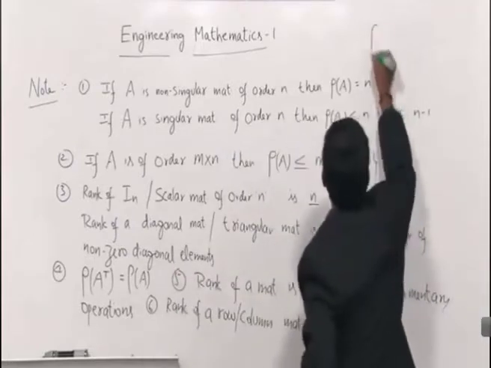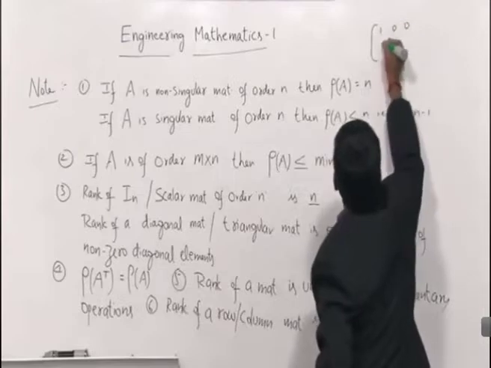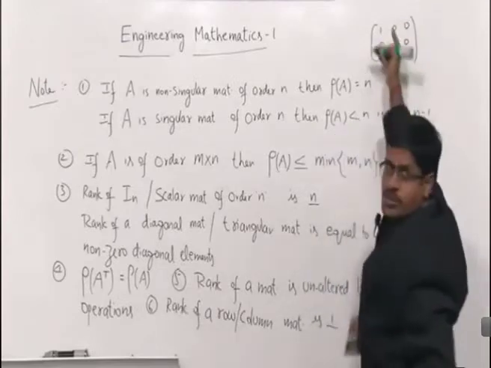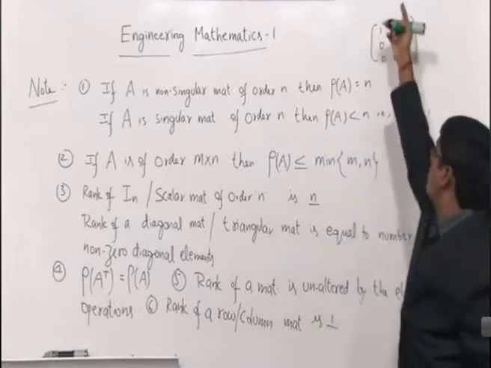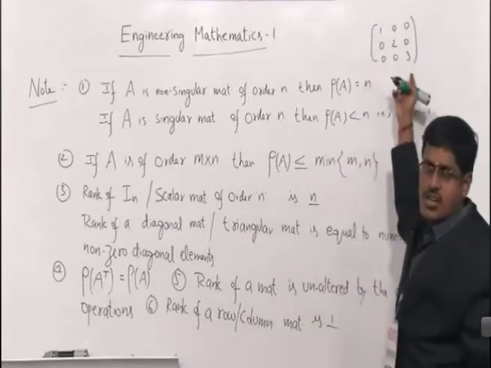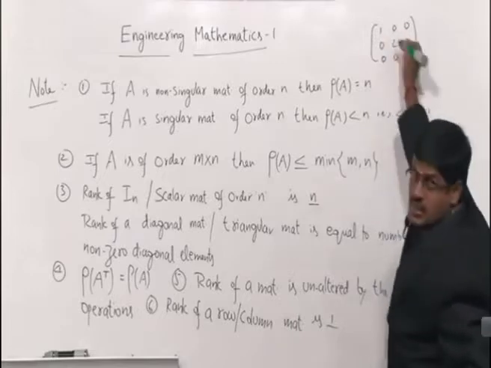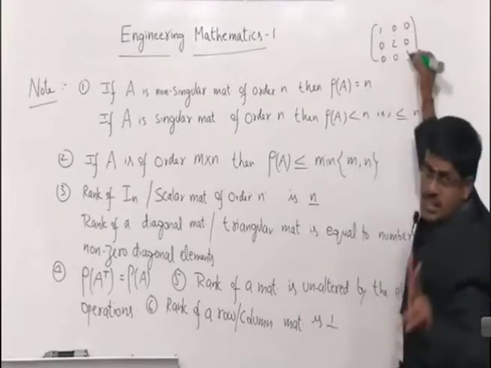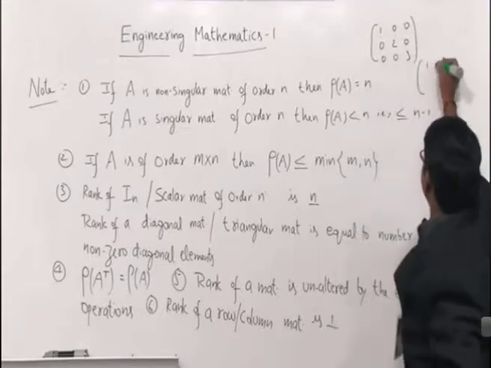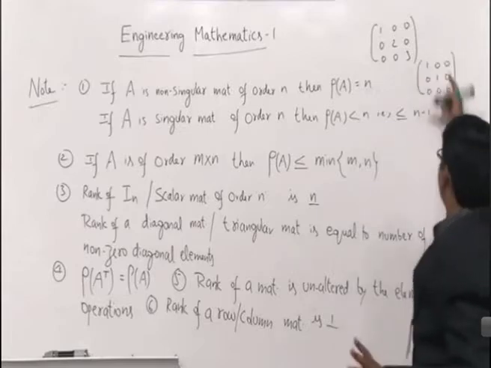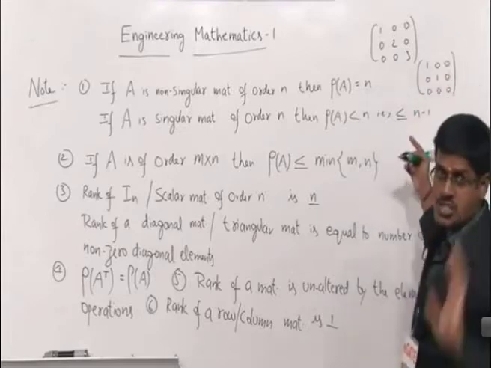For example, see 1 0 0, 0 2 0, 0 0 3. This square matrix is a diagonal matrix. If you find the determinant, it is not equal to 0. So the rank of this diagonal matrix is equal to the number of non-zero diagonal elements, that is 3. Now 1 0 0, 0 1 0, 0 0 0. This is also a diagonal matrix, but one diagonal element is 0. So the determinant gives 0.